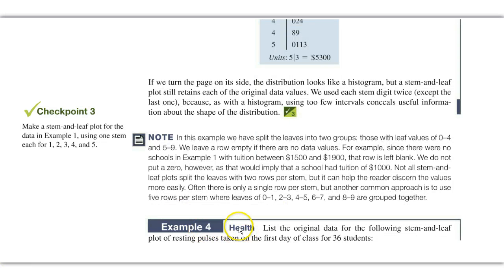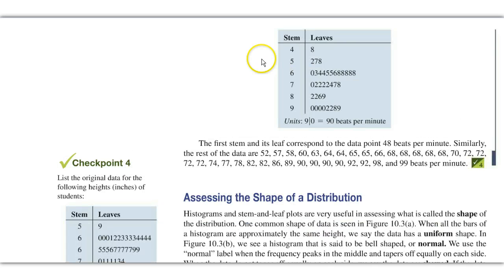Example 4 deals with health. It lists the original data for the following stem and leaf plot of resting pulses taken on the first day of class for 36 students. So this is your stem and leaf plot. So here we had a student with a resting pulse of 48.